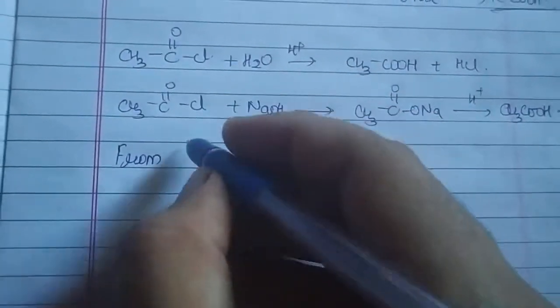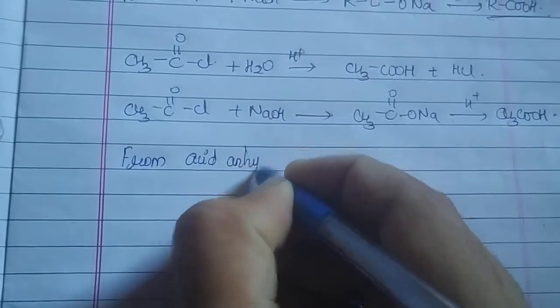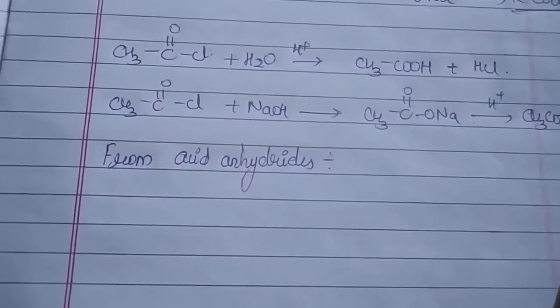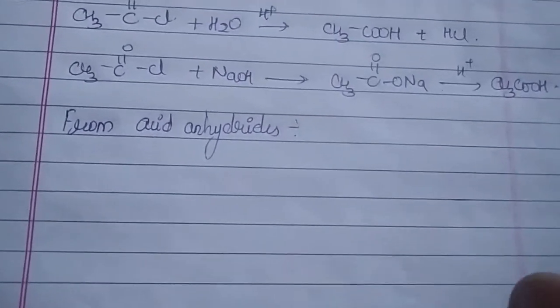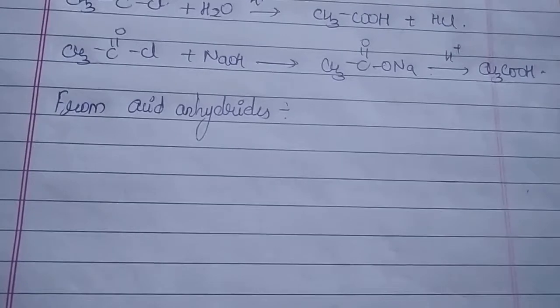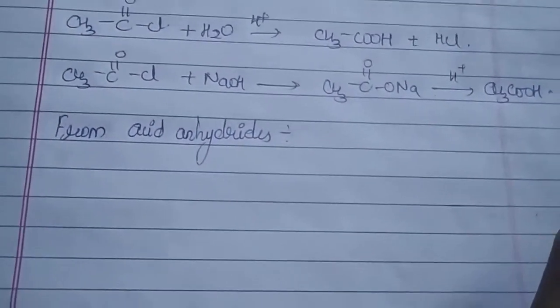Now let us go with another important method and the last method of the preparation of the carboxylic acids, which is from acid anhydrides. It's a simple reaction because just by treating with water, the acid anhydrides get converted to the respective carboxylic acids. But how to write the acid anhydrides?